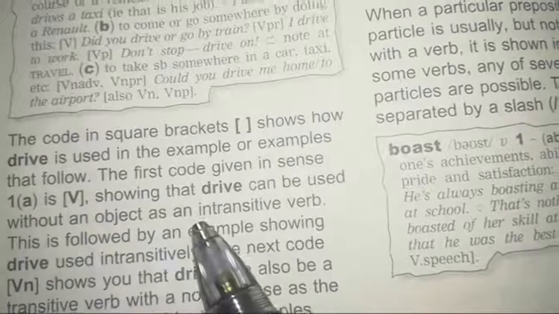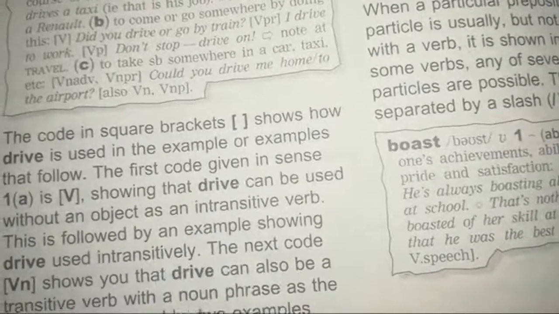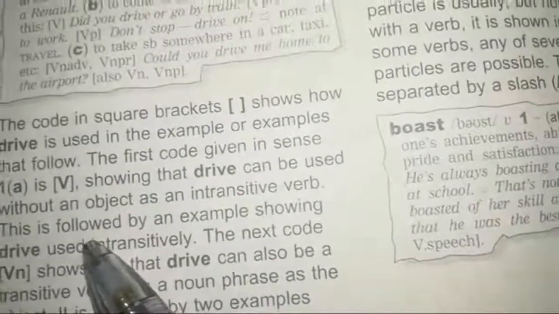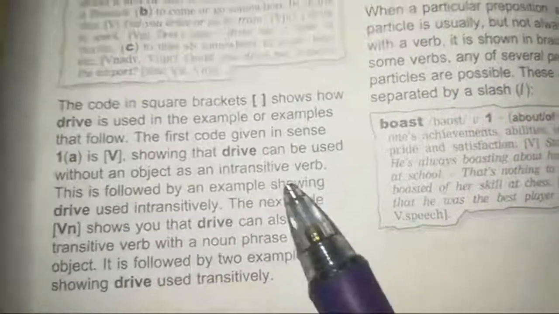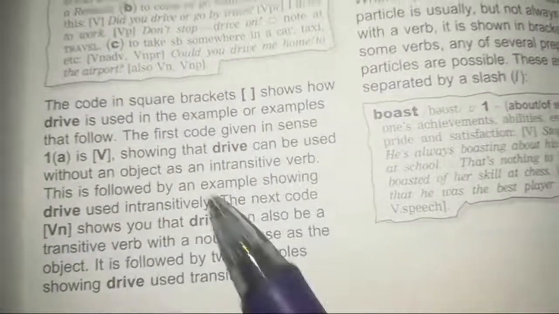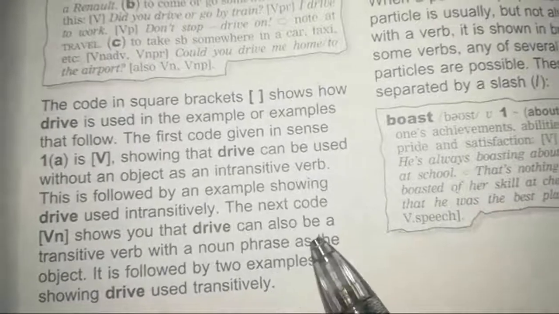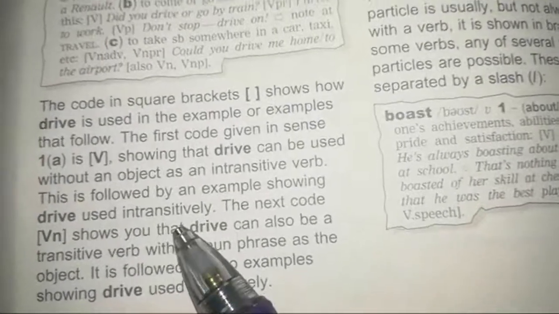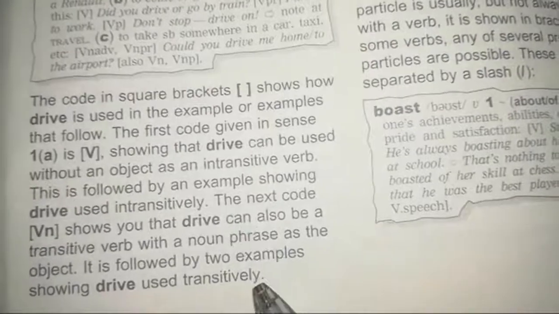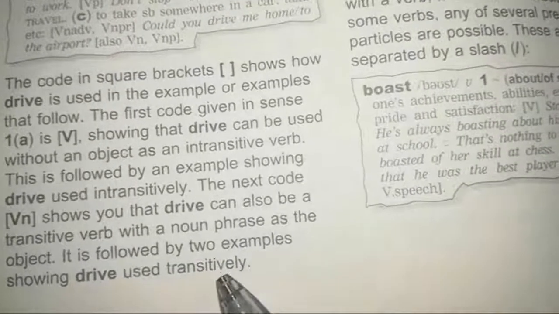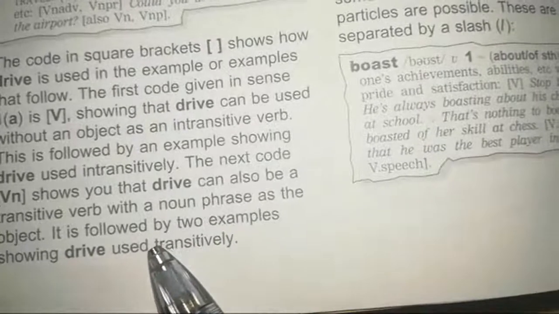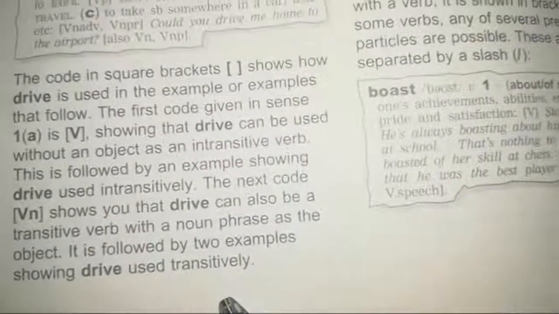This is followed by an example showing drive used intransitively. The next code, VN, shows you that drive can also be a transitive verb with a noun phrase as the object. It is followed by two examples showing drive used transitively.